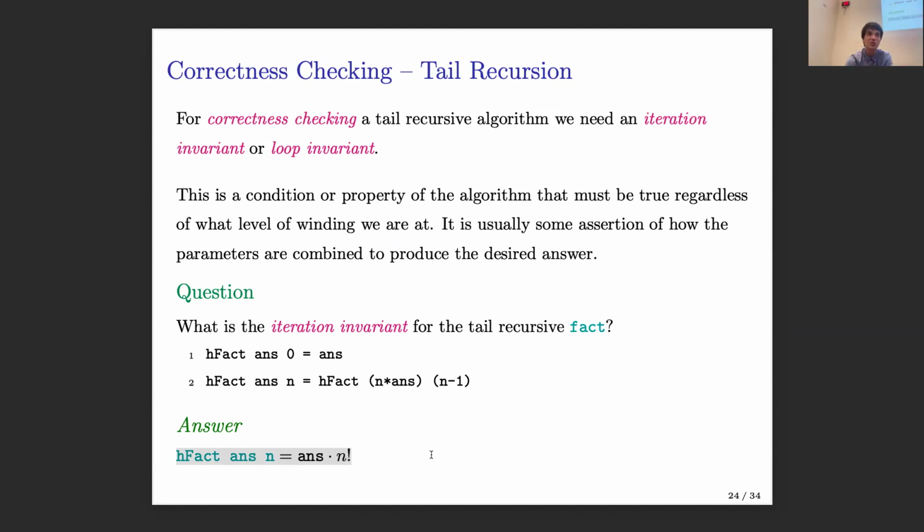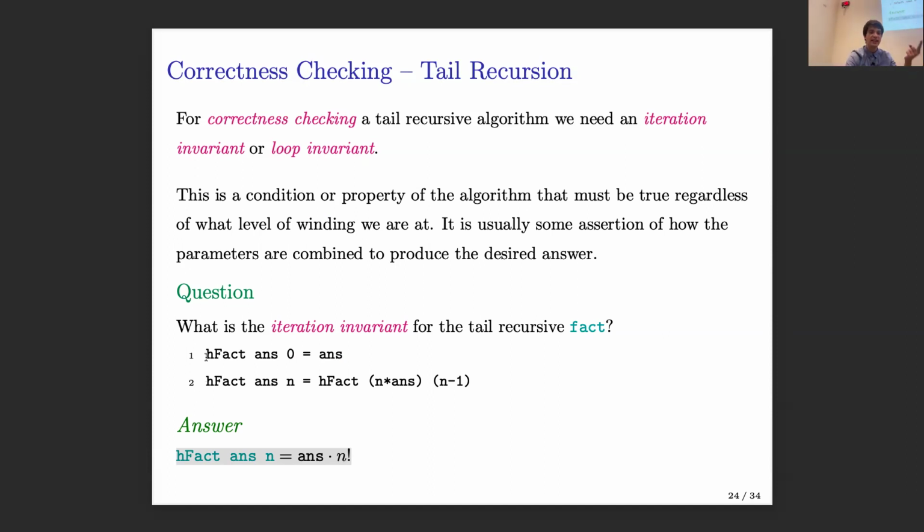So if this is true, this means h factorial of 1 and n is equal to n factorial, which is the thing that we want. So let's go through the proof here. Again, my assertion is that this is true at all places h factorial rewrites itself.